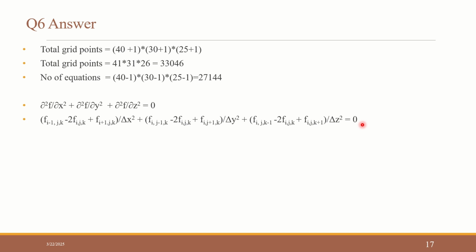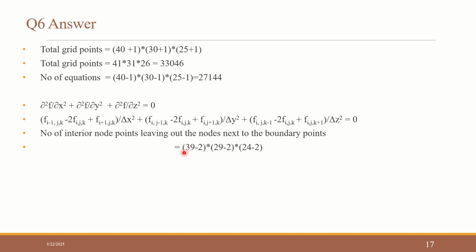What we should remember here is that we are having a total number of 7 points in each equation. Now the number of interior node points, leaving out the nodes next to the boundaries, we will have 39 minus 2 into 29 minus 2.